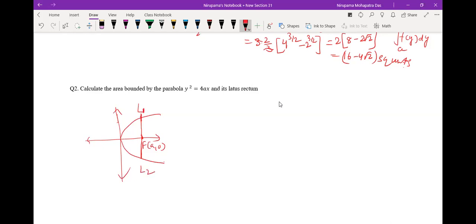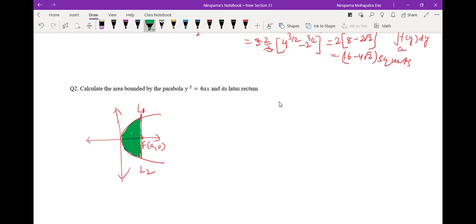So the area bounded by the parabola y square equal to 4ax and its latus rectum. Which portion do we have to find? We have to find the area of the whole portion. But since the parabola is symmetric about its axis, the area of the upper portion is equal to the area of the lower portion.